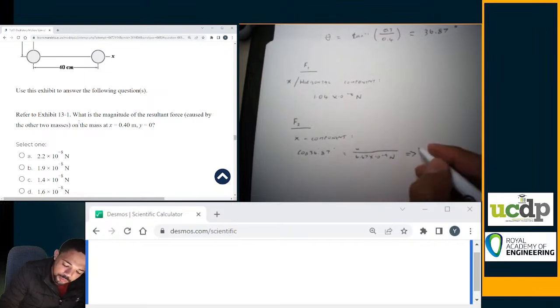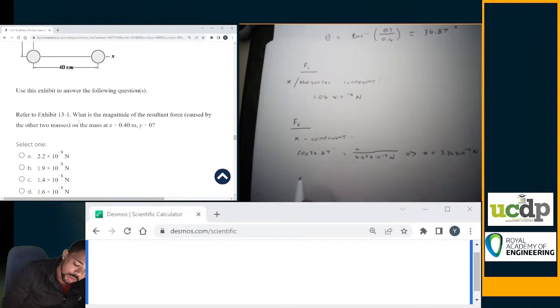Therefore, the X component is equal to 5.36 times 10 to the negative 9 newtons towards the left.